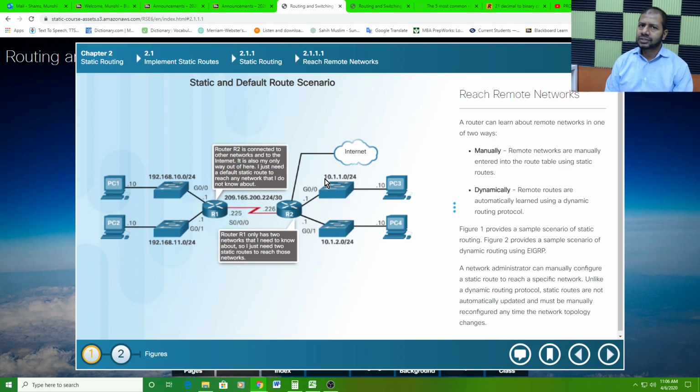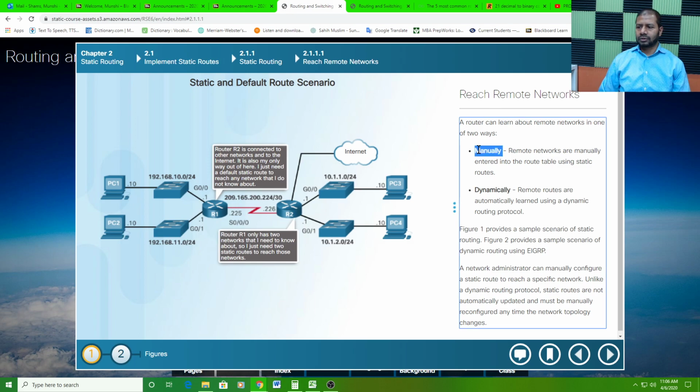There are two ways that a router learns about routes and makes entries in its routing table. I am on slide number 2.1.1.1. One way is to do it manually, one is to do it dynamically.